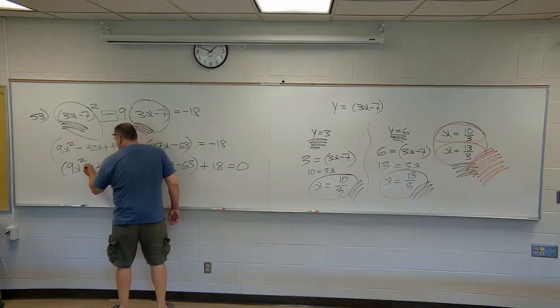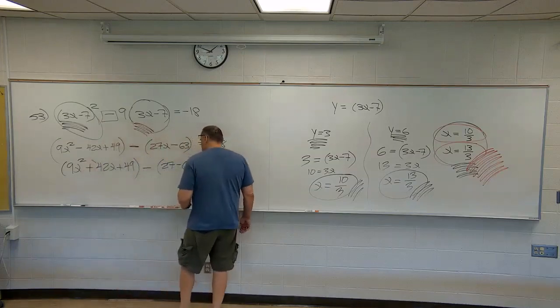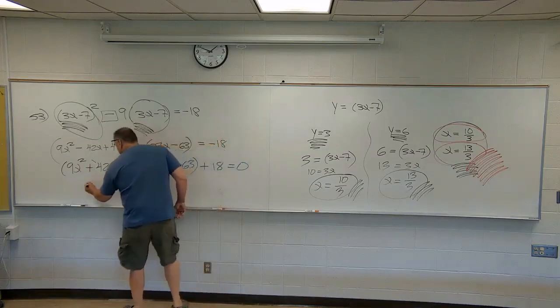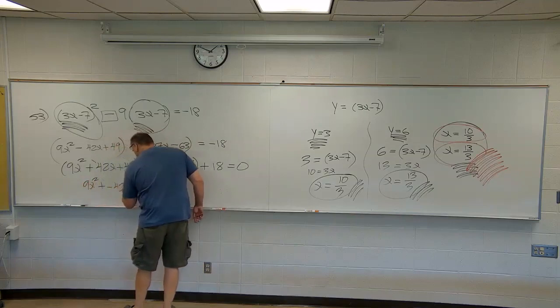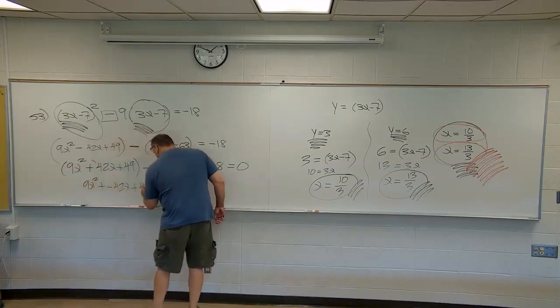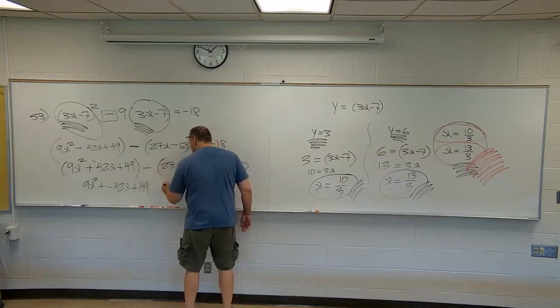Minus 42x is plus the opposite of 42x. Let's write it like this: 9x squared plus negative 42x plus 49 minus this. Bring the minus inside and hit everybody. Forgive me, that should have been an x right there.